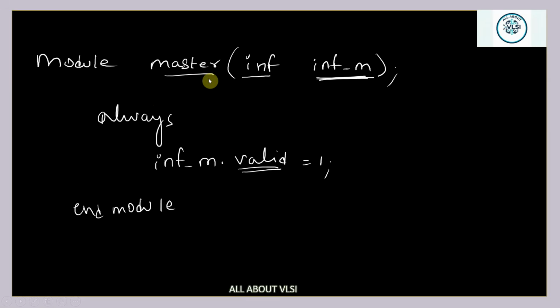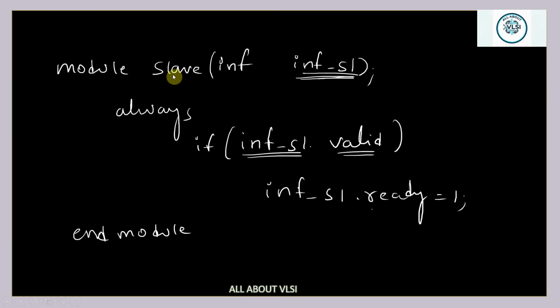Next, inside your master, declare the interface name followed by the interface instance handle name, and using this handle name access all the signals. Inside your slave also, instead of declaring all the signals in the arguments, declare the interface name and interface handle name and access all the signals using this handle name.